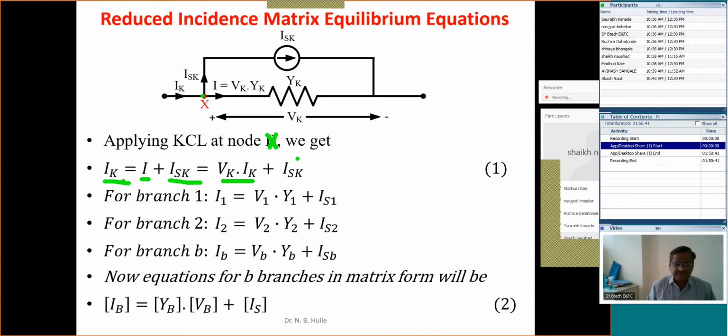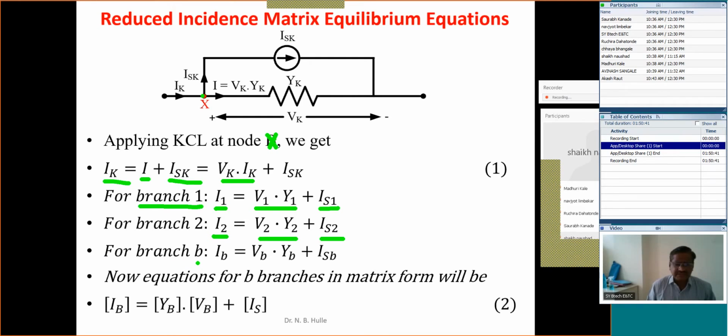This is the general equation. If I prepare this equation for branch number 1, K will become 1, meaning I1 is equal to V1 into Y1, because that is the current in this particular branch, plus IS1, which is the source current of this particular branch. Similarly, for branch number 2, the same equation will become I2 is equal to V2 into Y2 plus IS2, because this will be source 2.